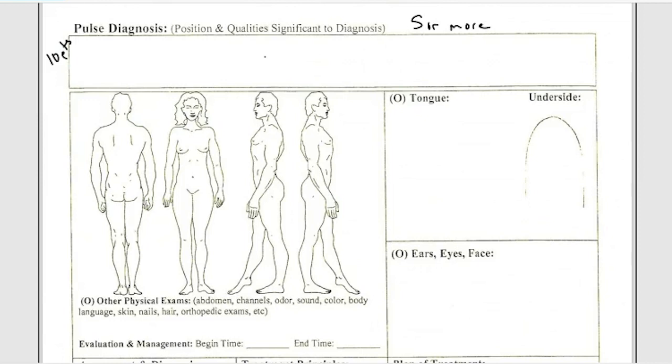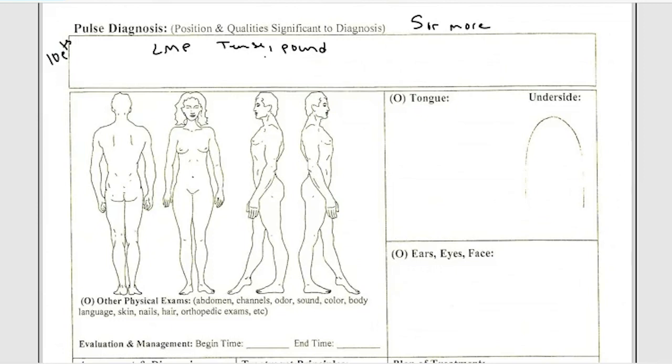Okay, so let's just put some pulse qualities that have to do with our case here. Let's say that our left middle position, which is going to be our liver position, is tense and pounding.